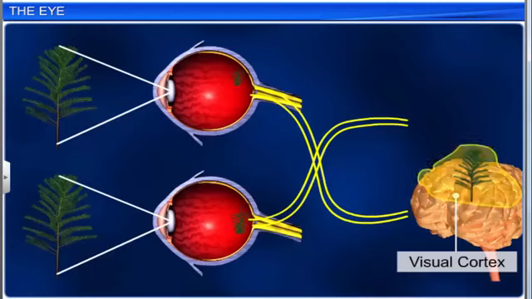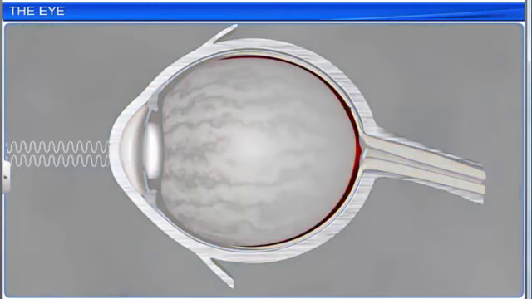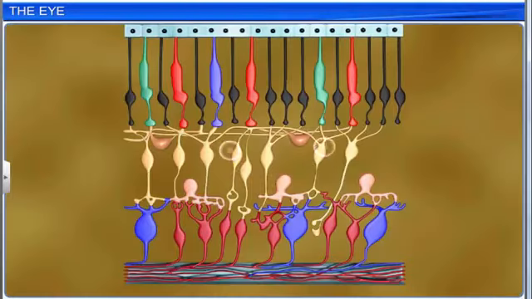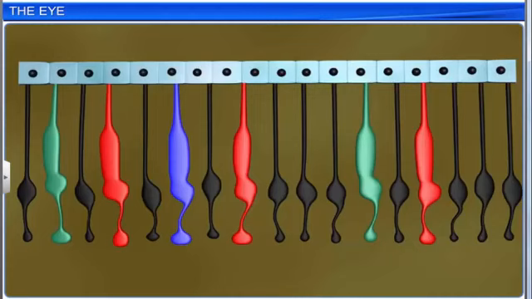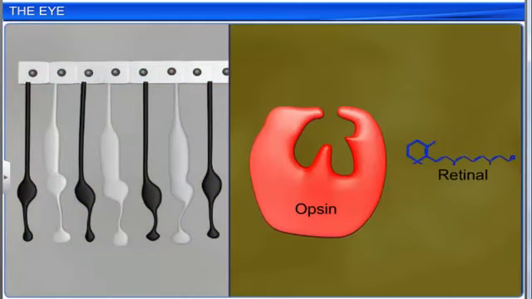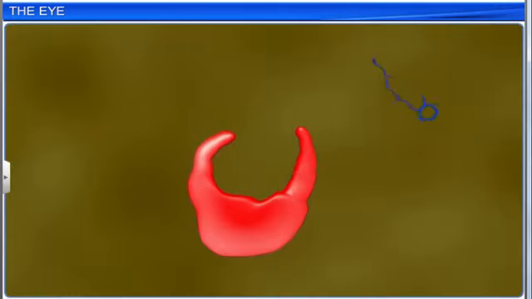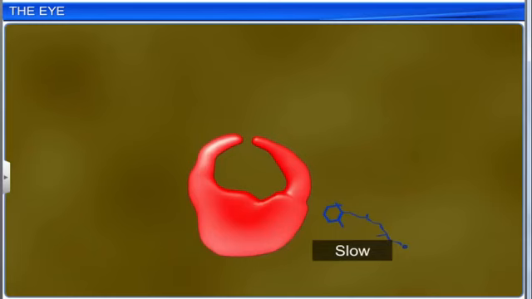But the object image is perceived in the right manner due to the interpretation of nerve impulses by the brain. The light rays in the visible wavelength focus on the retina to generate impulses in the rods and cones. The photopigments of the photoreceptors in the human eye are composed of opsin and retinal. Light dissociates retinal from opsin, which results in changing the structure of opsin.